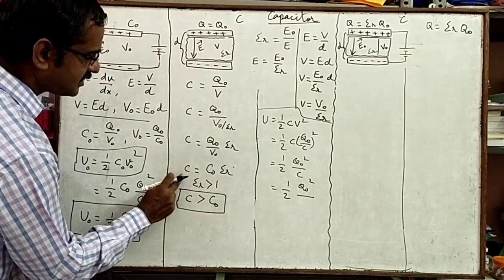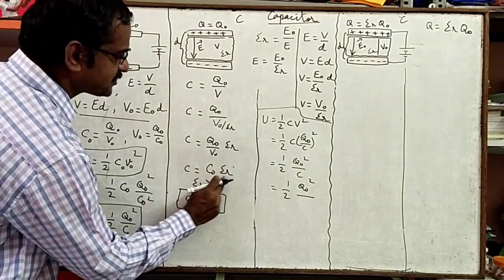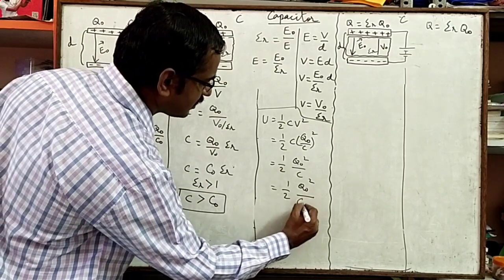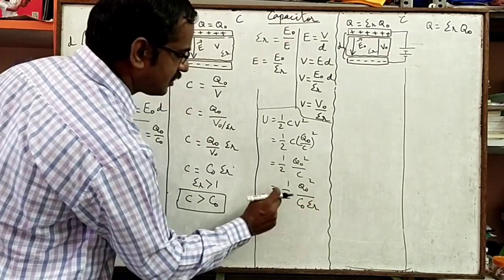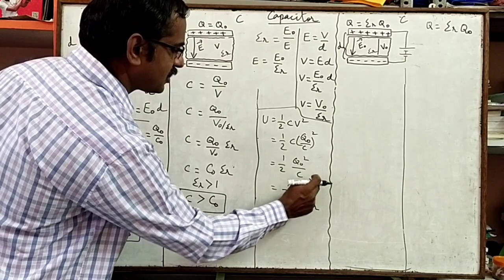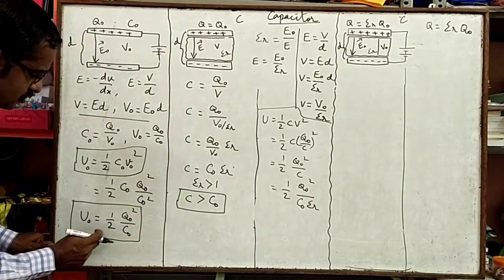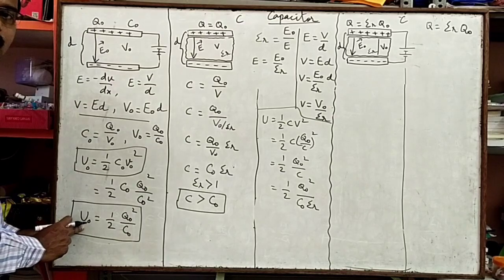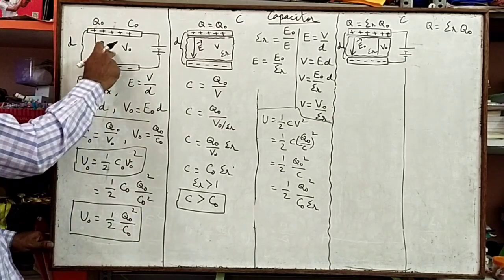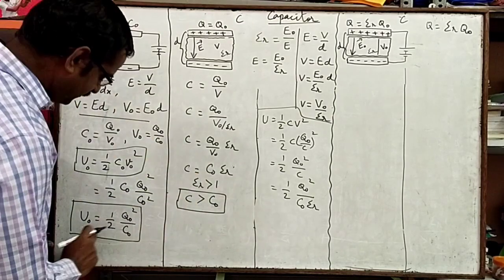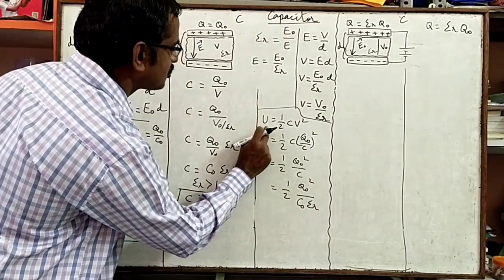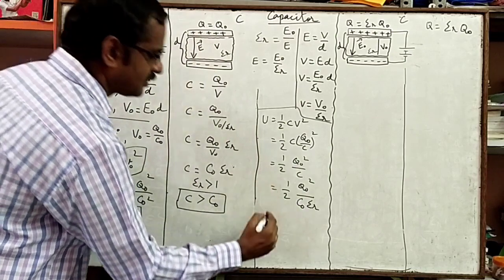What is C? C is equal to C naught into epsilon R. That value can be substituted here. We get C naught into epsilon R. 1 by 2 Q naught square by C naught is equal to energy stored in the capacitor without dielectric. This value can be substituted there. So we get, this is U, energy stored in the capacitor with dielectric.